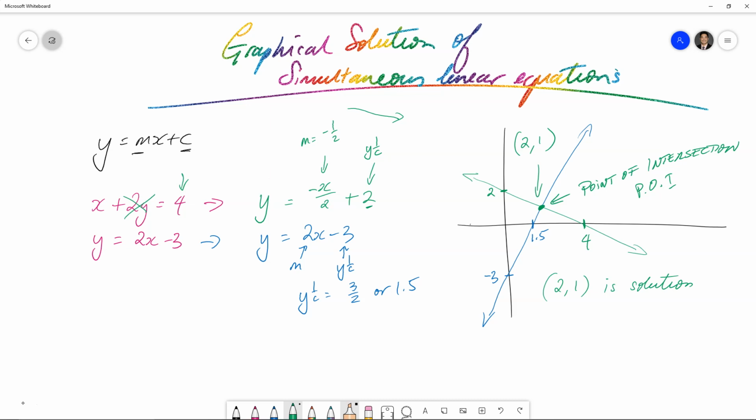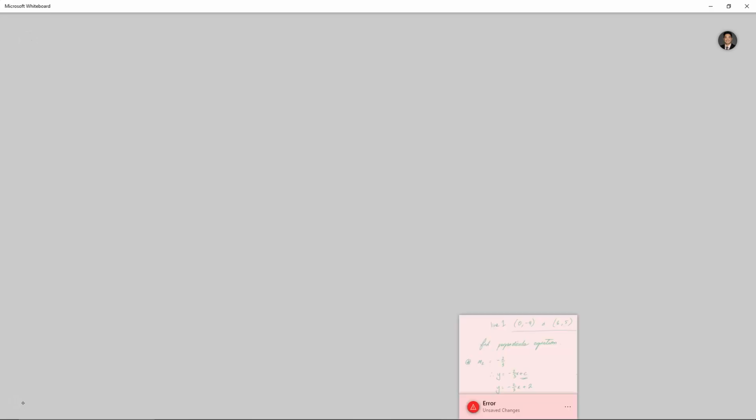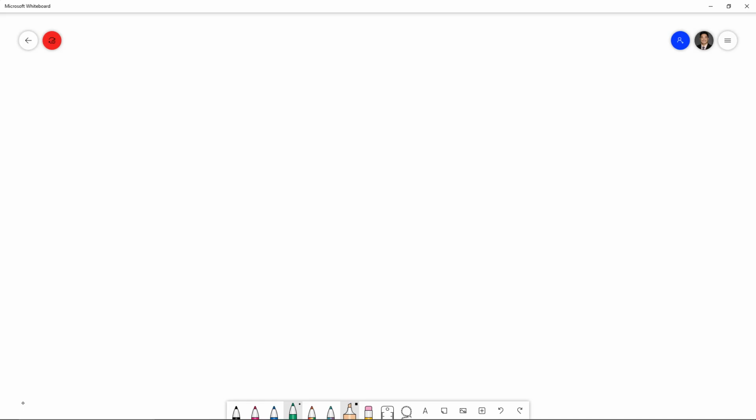I'm going to move on to a different example just to help you understand how this works. Let's say we have 3x minus 2y is equal to 19, and then we have 4y plus x is equal to minus 3.